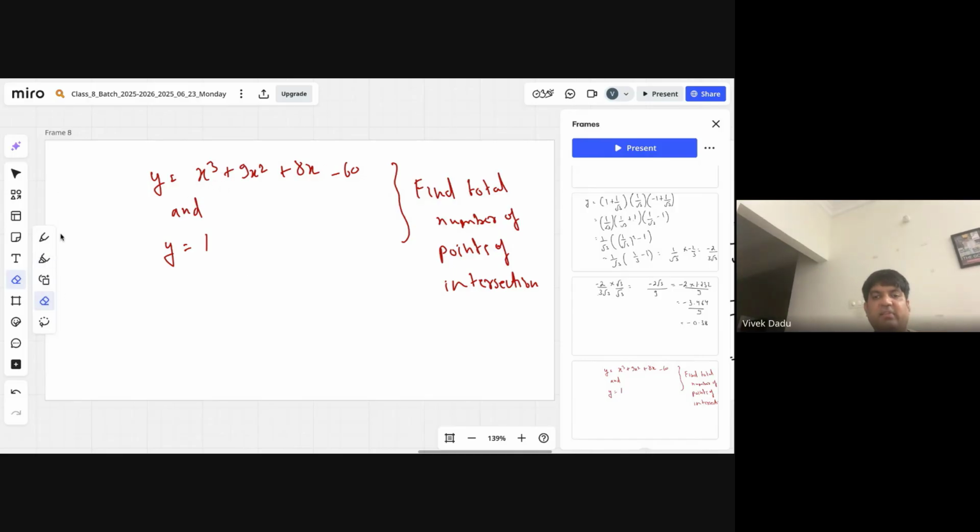It's x cube plus 9x square plus 8x minus 60. Okay. And y equal to 1.